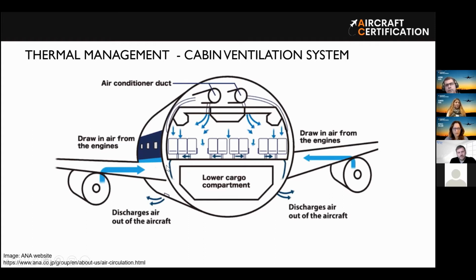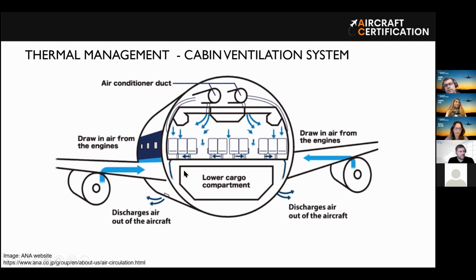From the air conditioning machine, the air here is at high pressure and high temperature, and when it passes through the air conditioning machine, it will expand, so it will reduce its pressure and its temperature as well. After that, it will be transported through many ducts to the upper region of the aircraft, and then it will enter the cabin. It will circulate around the cabin, and after that, it will move downwards to the underfloor region of the aircraft.